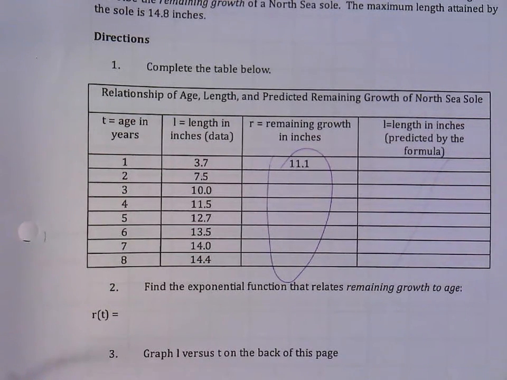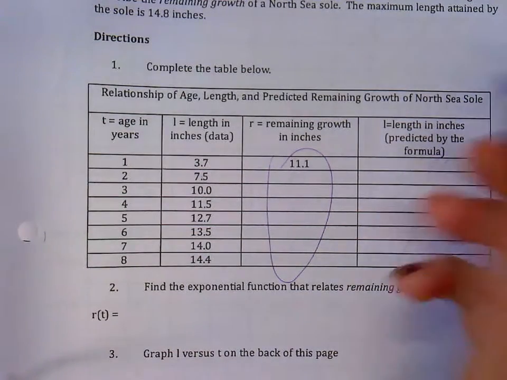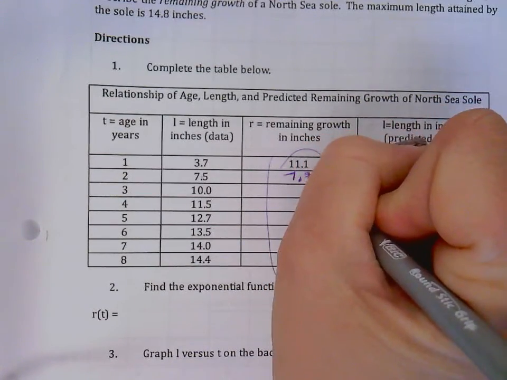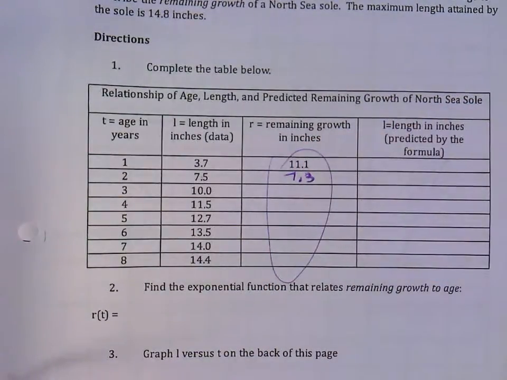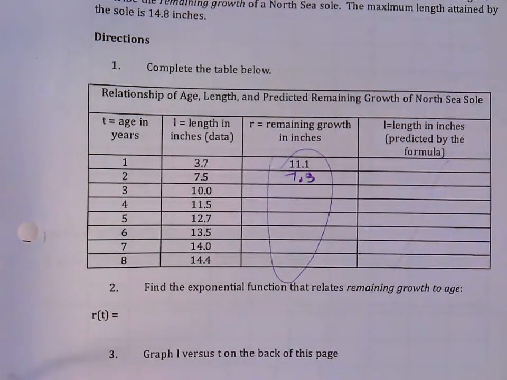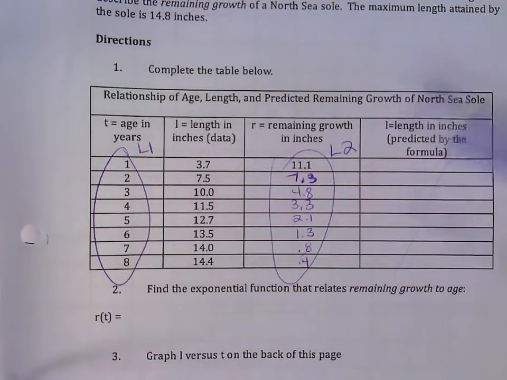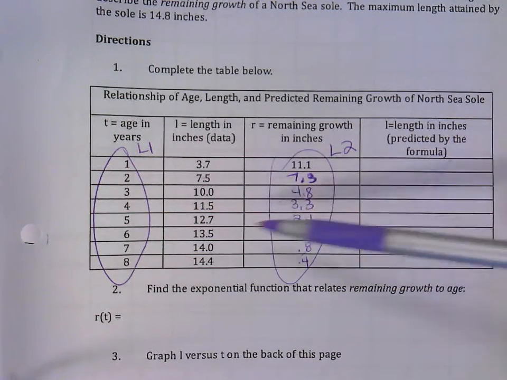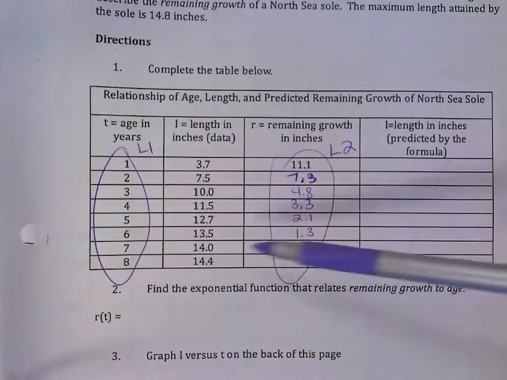So 14.8 minus 7.5, the next one should be 7.3. That sole could still grow 7.3 inches. Go ahead and fill in that table. This column plus this column should equal 14.8 each time.